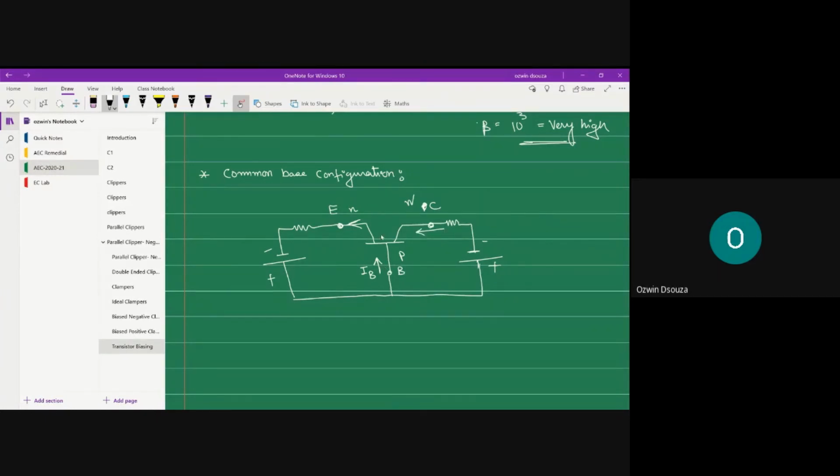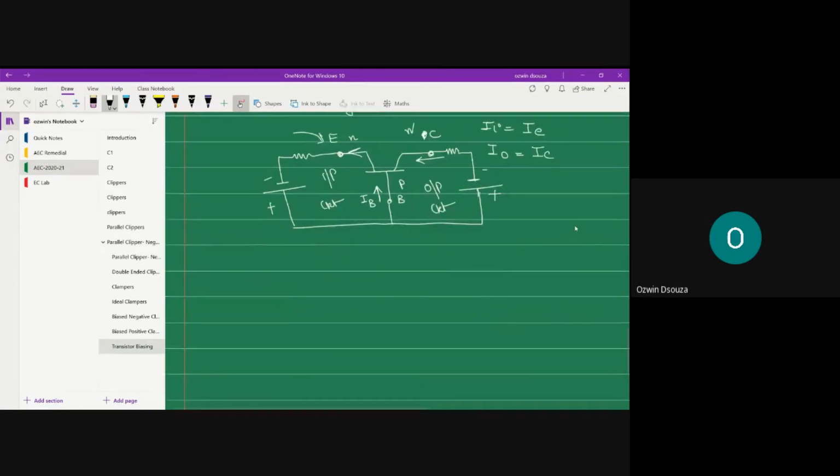Now, in the common base configuration, you can clearly observe that this is your input circuit and this is your output circuit. In the input circuit, the input current is going to be the emitter current and the output current is going to be the collector current.